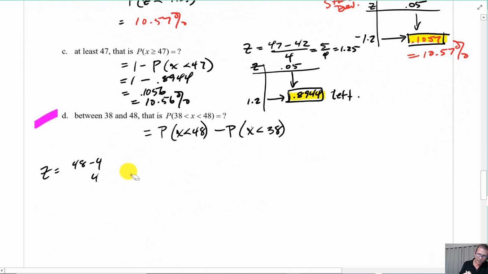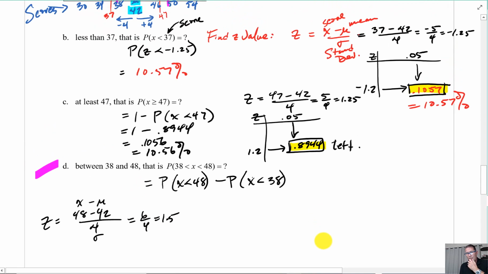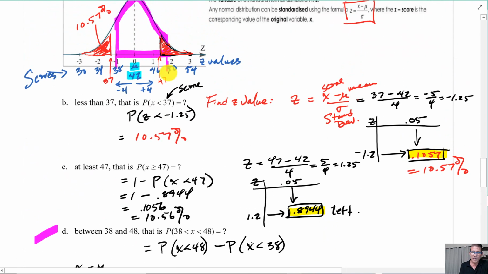I knew I made a mistake, I just couldn't figure it out. I wrote down 44, I meant 42. So it's always x minus mu, which is 42, divided by 4, which is the standard deviation. That gives us 6 divided by 4, or 1.5. That makes more sense, because look right here, 48 is between 46 and 50, which is halfway between 1 and 2. So it should be 1.5.